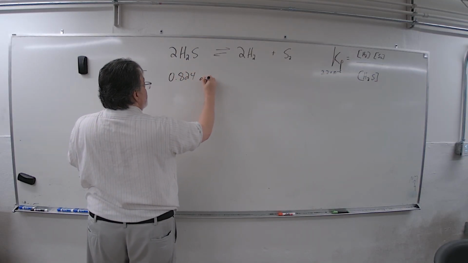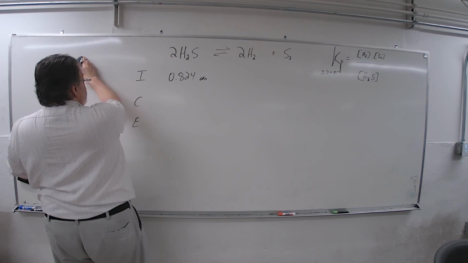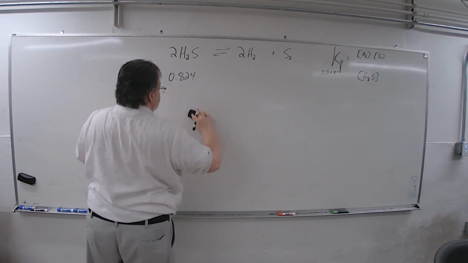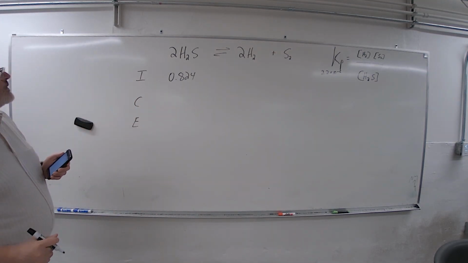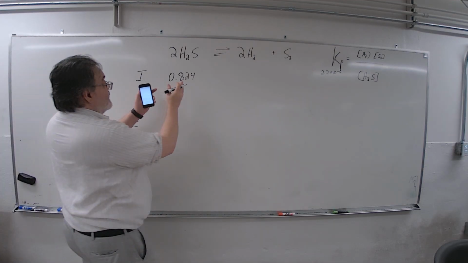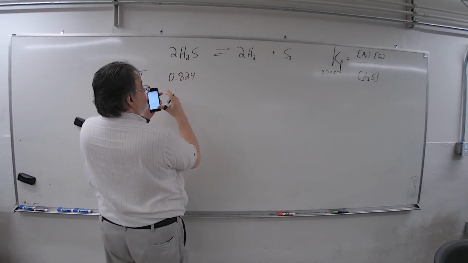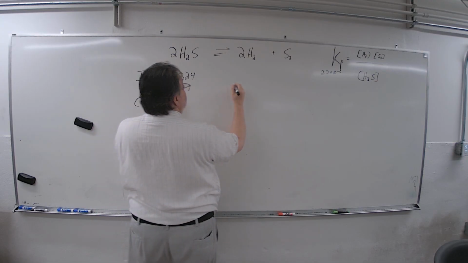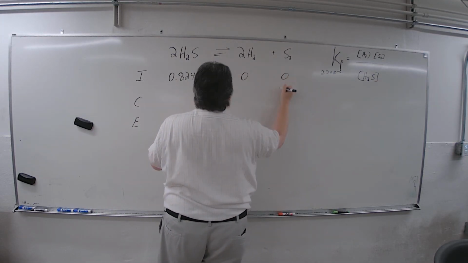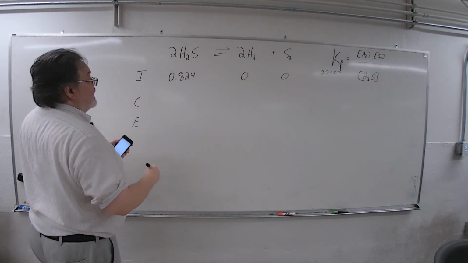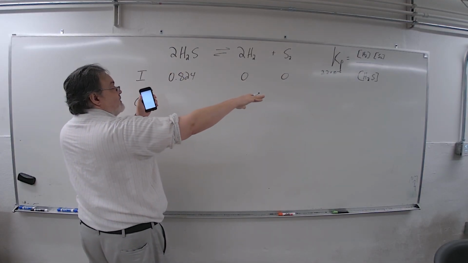We're in atmospheres now, but it really doesn't change anything. We're in partial pressures instead of concentration. So someone puts that much of this in a sealed vessel, so that's the initial, and this starts at 0, this starts at 0. And then this starts to turn into these in that vessel.